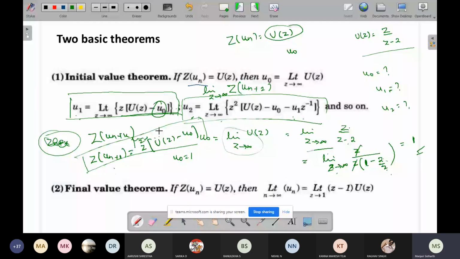If you are finding u_2, you need the values of u_0 and u_1. So if the question is given like U(z) is z over z minus 2, find the value of u_2, first you need to find u_0, then u_1, then using these two you can find u_2. So this is very important.